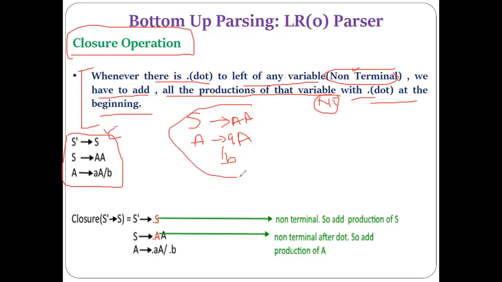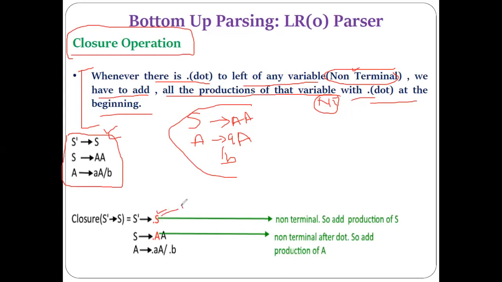Now let's see what the closure is here. You can see S dash derives S, so here we add the dot at the beginning of this S. Now, is S a terminal or non-terminal?